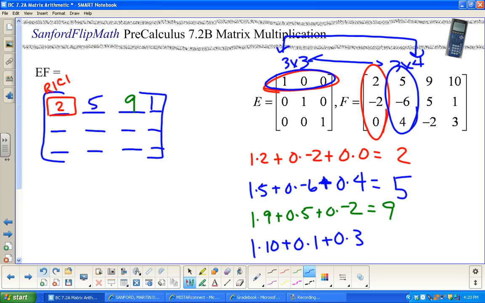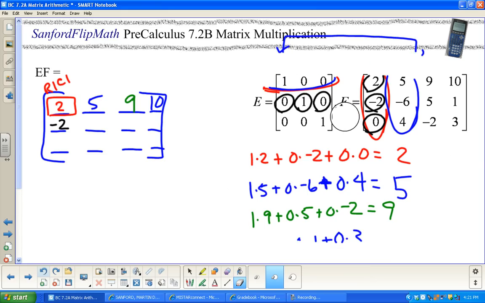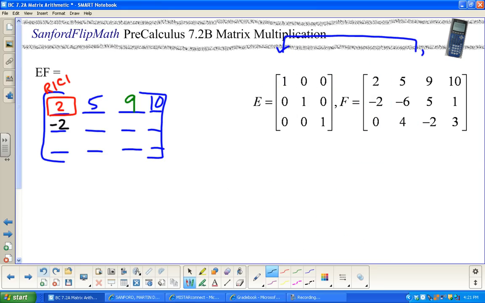Okay. The next one will be 0 times 2 plus 1 times negative 2 plus 0 times 0. Row 2, column 2 will be row 2, column 2. So that's going to be negative 6, because it's 0 times 5 plus 1 times negative 6 plus 0 times 4. Okay, and I'm going to go ahead and fill in the next bunch, because I know the answer, because I'm sweet like that.